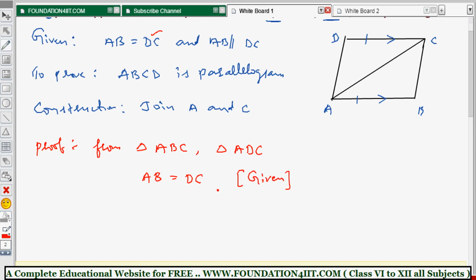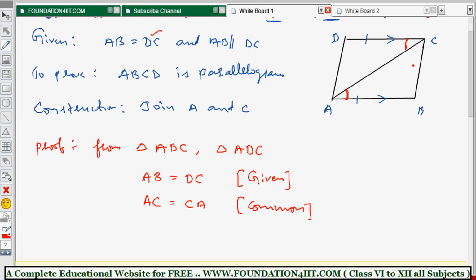And AC is equal to CA. It's a common side for both. And angle BAC: whenever two line segments are parallel and one is a transversal, you can observe these two angles are equal. So BAC and ACD are equal angles because they are alternate angles.